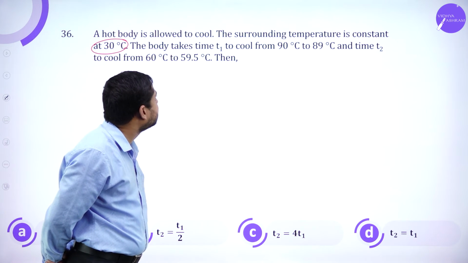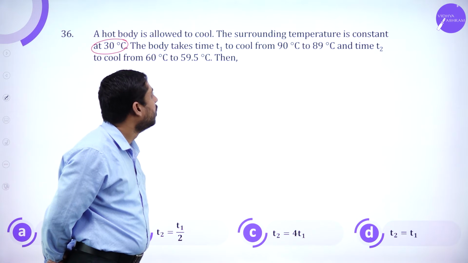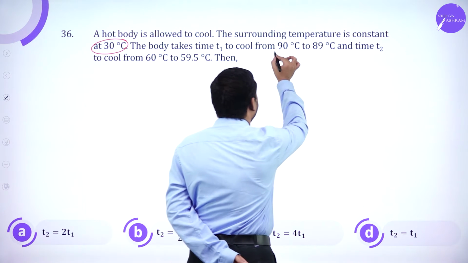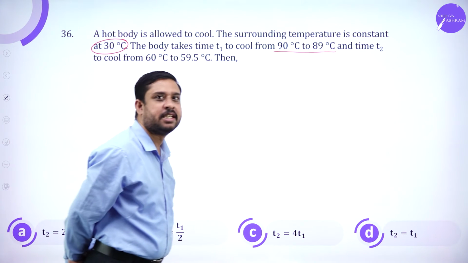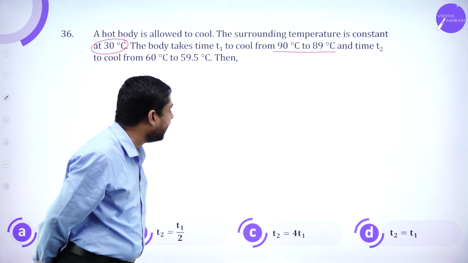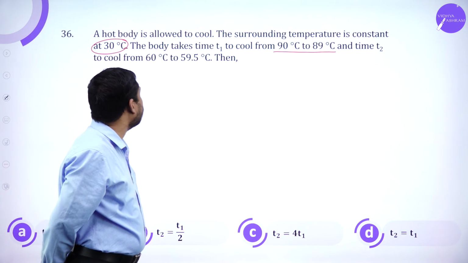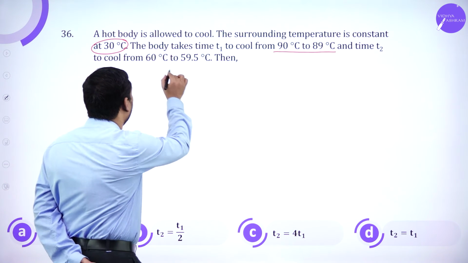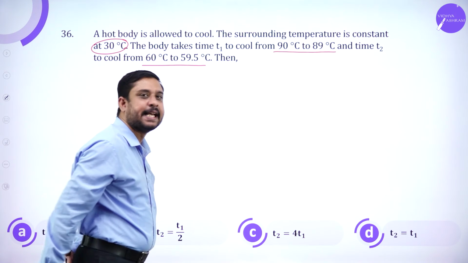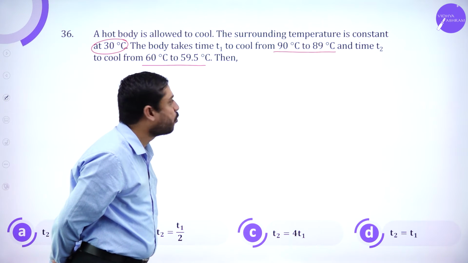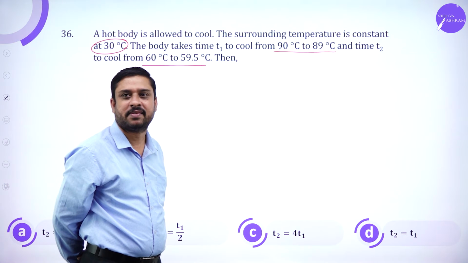The body takes time T1 to cool from 90 degrees Celsius to 89 degrees Celsius and T2 to cool from 60 degrees Celsius to 59.5 degrees Celsius.